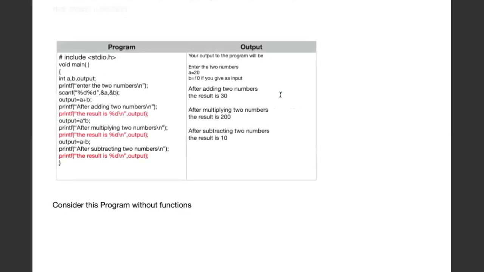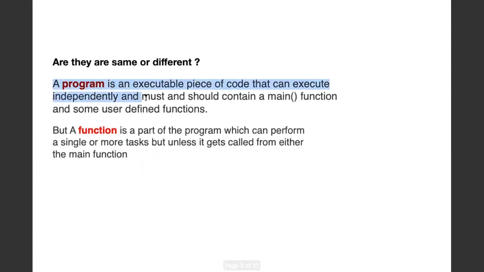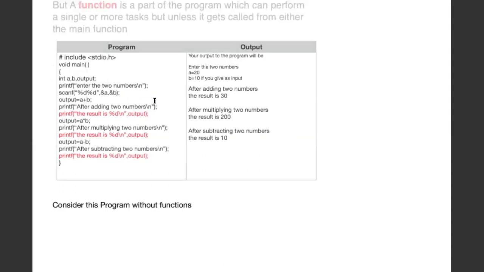In this particular program, you can see that it has a main function, and apart from this main function, it doesn't have any other functions. It has only the main function, because the main function is bound to be there since it is the entry point of the program. So we have written a program now, not a function.